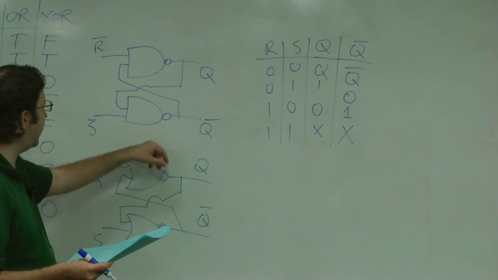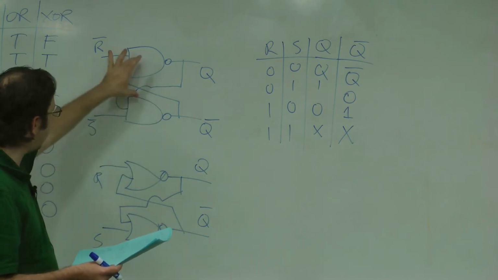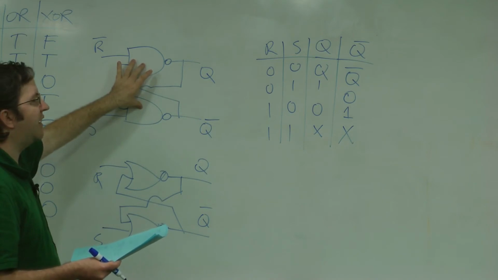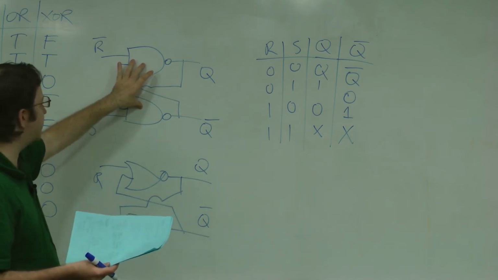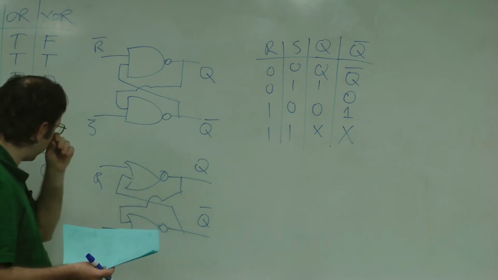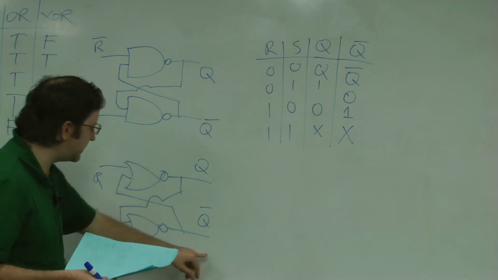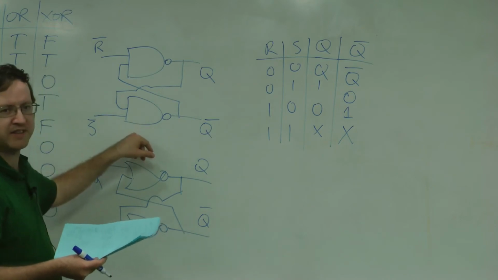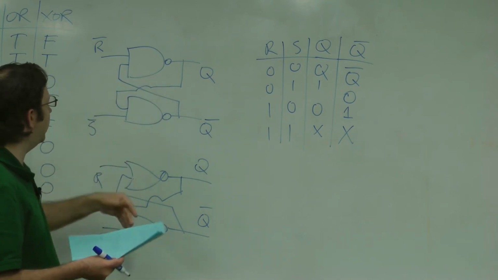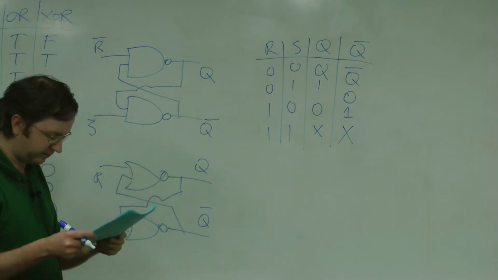And it occurred to me that a negative ternary latch would just be this kind of circuit right here. And since this circuit works in binary for memory, this as a ternary circuit would work as well.